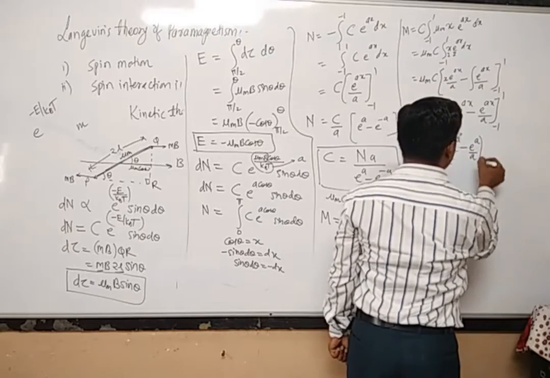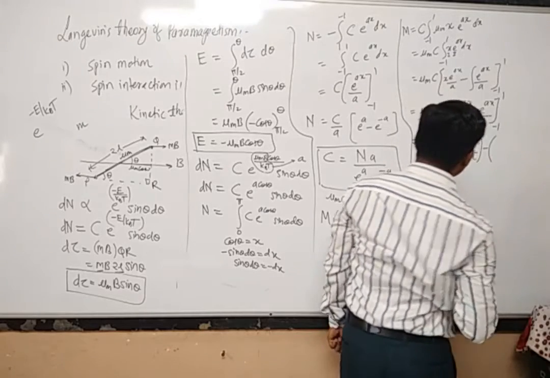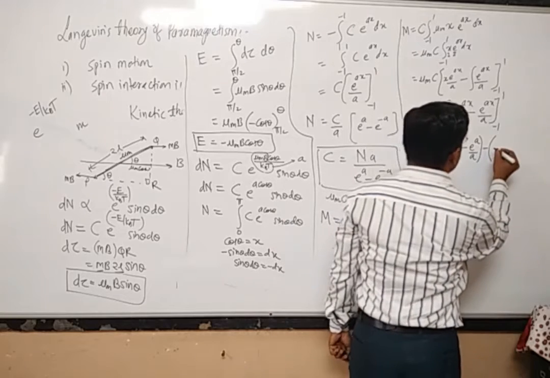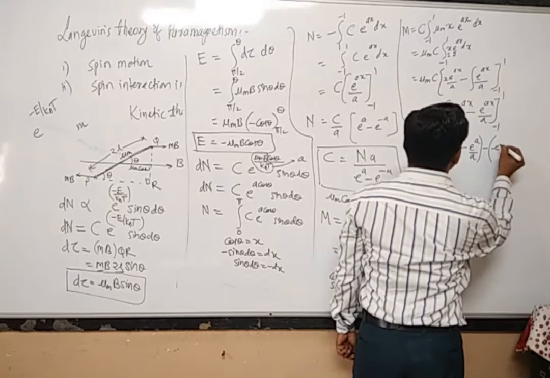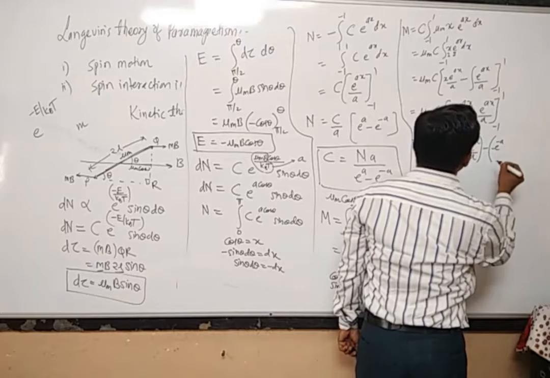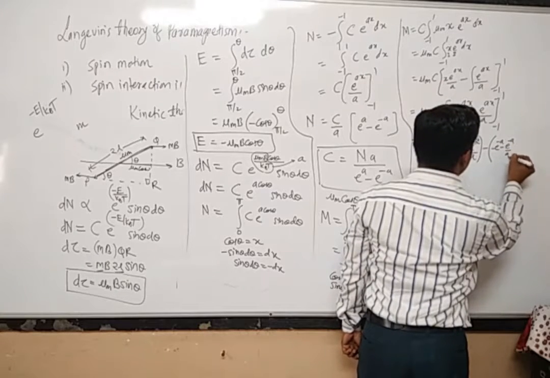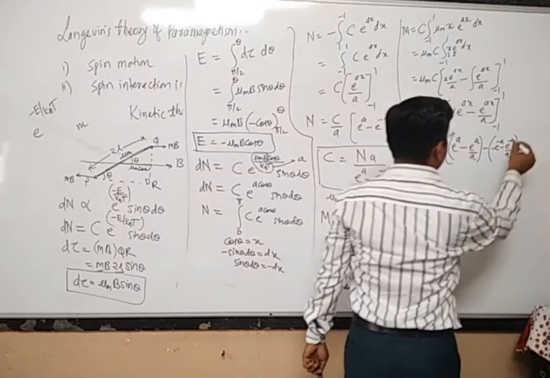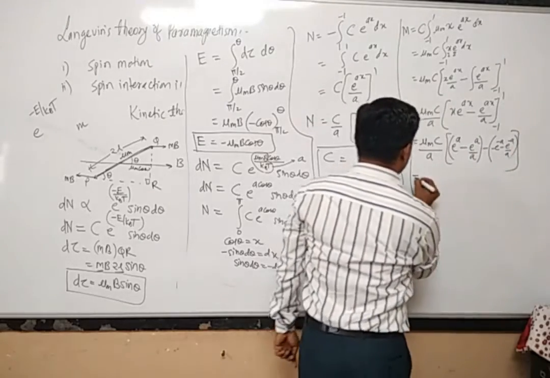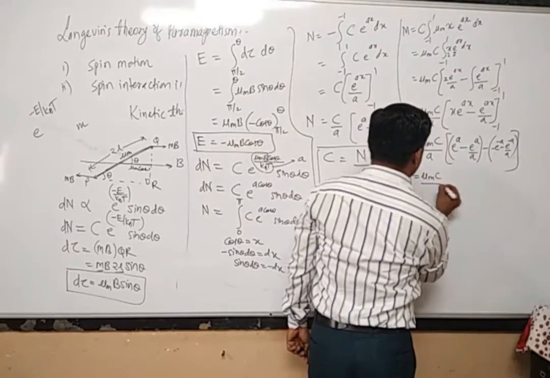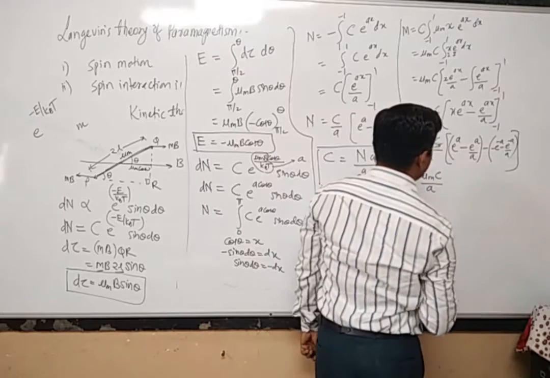This is the upper limit, minus the lower limit, that is minus e raised to power minus a, and minus e raised to power minus a divided by a. So it equals μm into c divided by a.